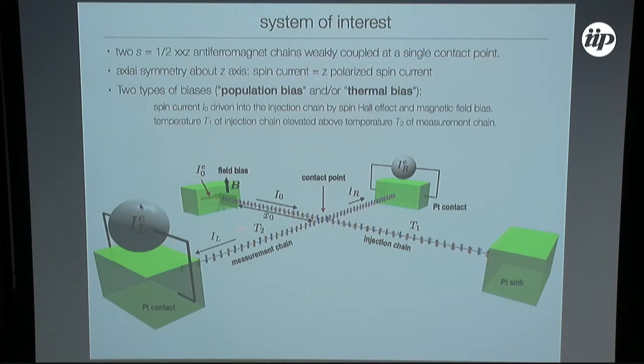In the measurement chain, the current will split up into left-moving and right-moving currents, each of which can be detected by a platinum measurement contact via, let's say, the inverse spin Hall effect. I'm also going to consider temperature bias, in which the upper injection chain is at temperature T1 and the lower chain is at temperature T2. So I'm going to consider simultaneous bias of this type and look at the spin current that's tunneling across at this contact point and also the noise in that spin current.